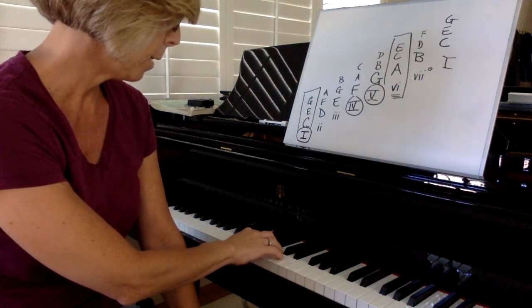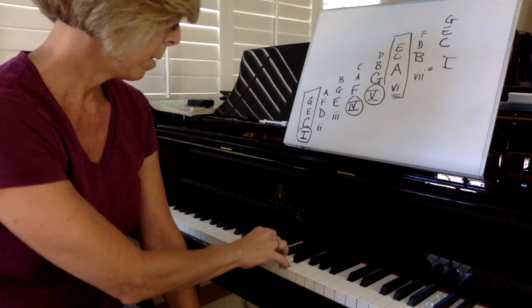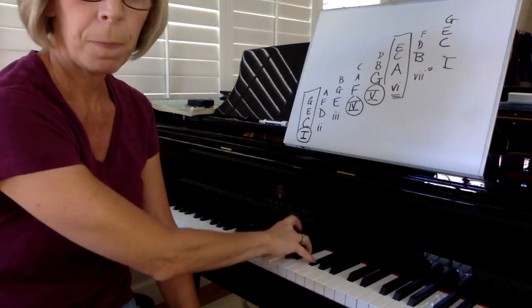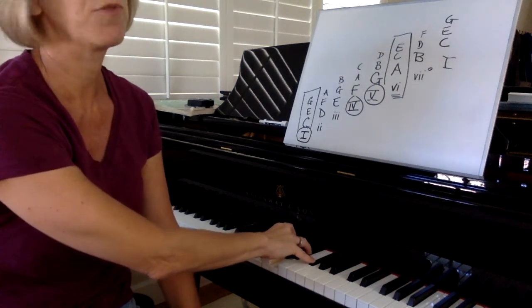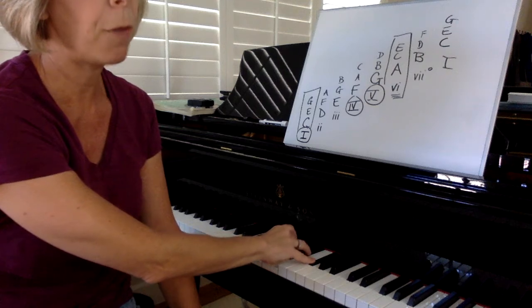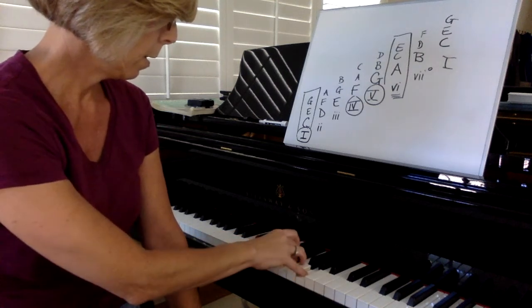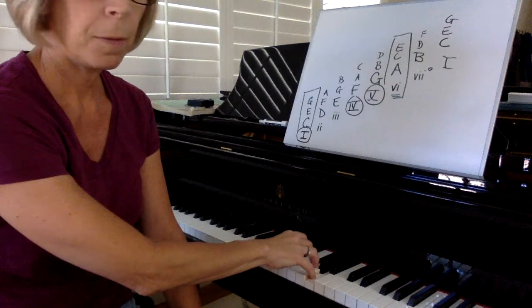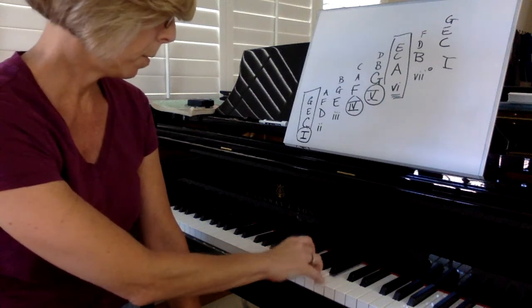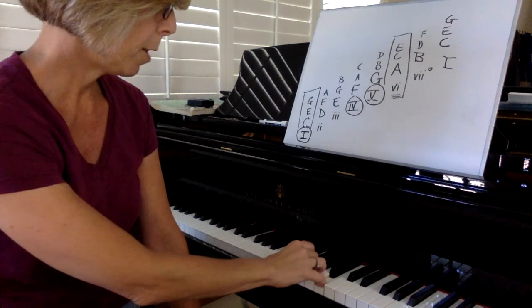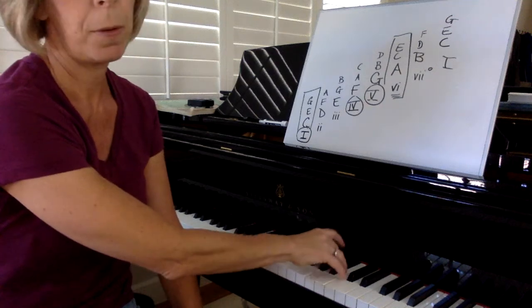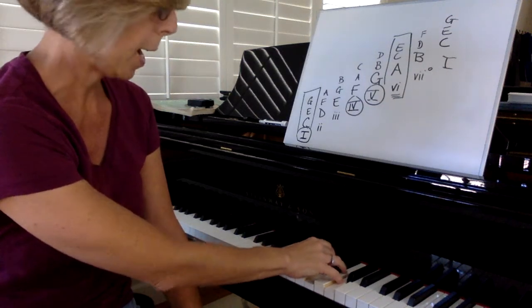So that would mean your 3 chord needs an F sharp because we're building our triads from the scale notes. Also, the dominant needs an F sharp. And of course, the 7th note of the scale is F sharp. So that's your diminished triad.